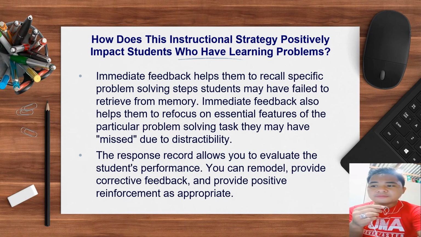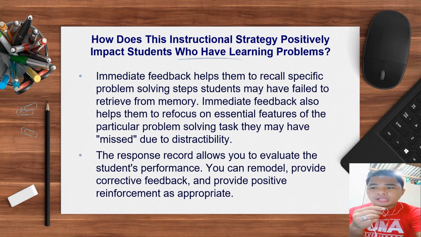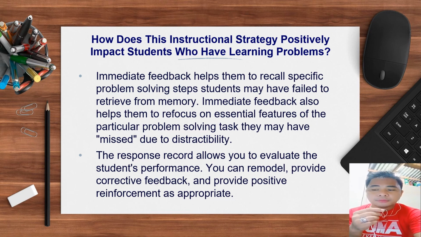Immediate feedback helps them to recall specific problem-solving steps students may have failed to retrieve from memory. Immediate feedback also helps them to refocus on essential features of the particular problem-solving task they may have missed due to distractibility. The response record allows you to evaluate the student's performance. You can remodel, provide corrective feedback, and provide positive reinforcement as appropriate.